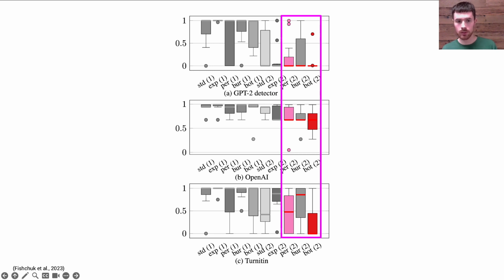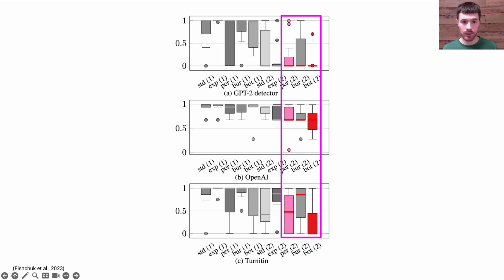The performance just decreases a lot. But if we look at OpenAI, we can see that their detector is actually not so well affected by those techniques. So, in general, can we say that prompt engineering is able to evade the detectors?